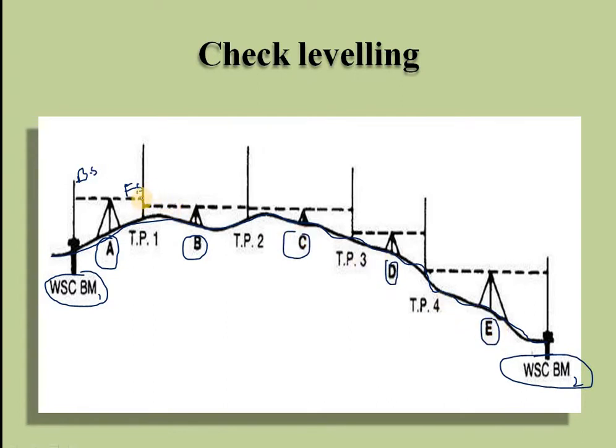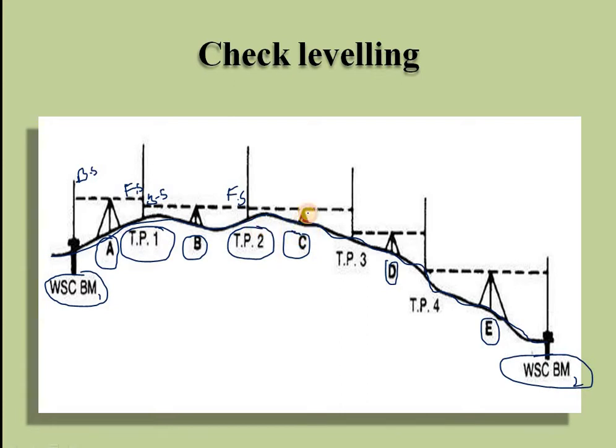Same like meanwhile you can observe the TP1 turning point we have got, that is on the station point B, BS and again on FS, that is known as TP2.